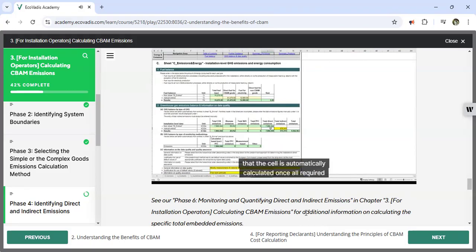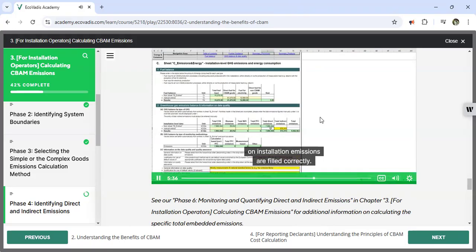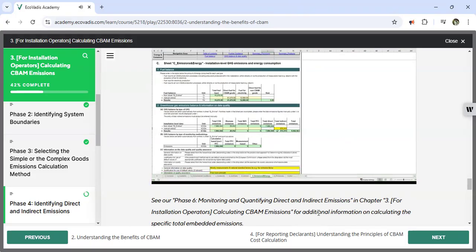It means that the cell is automatically calculated once all required fields in the previous sheet on installation emissions are filled correctly. Secondly, the total indirect emission data is displayed in cell M26. The installation operator needs to calculate the total indirect emissions before filling in these fields.